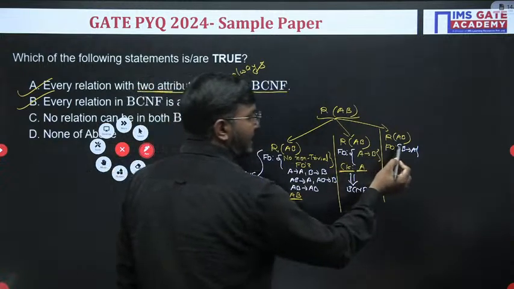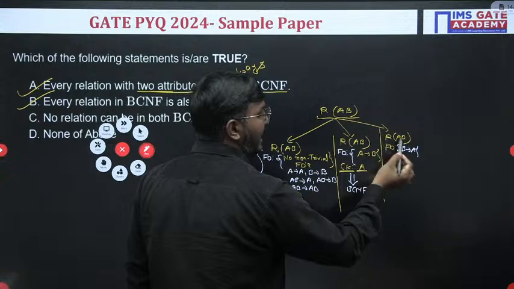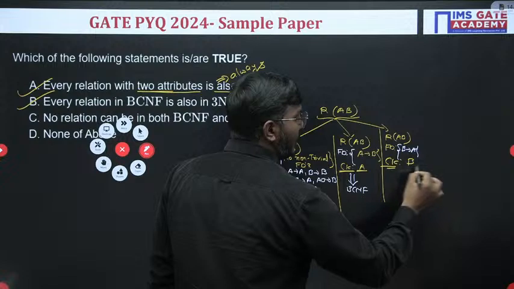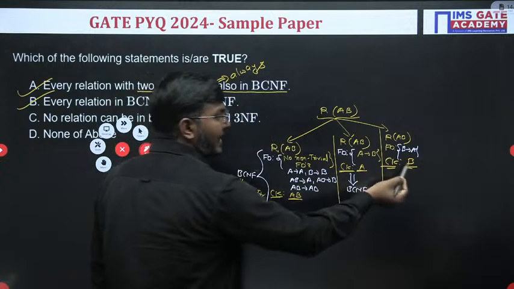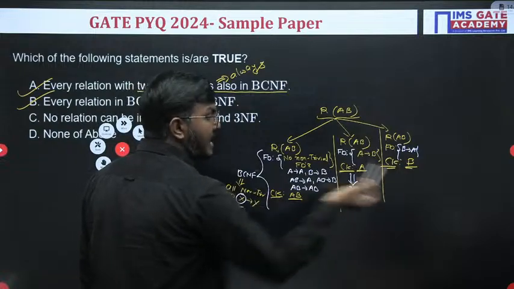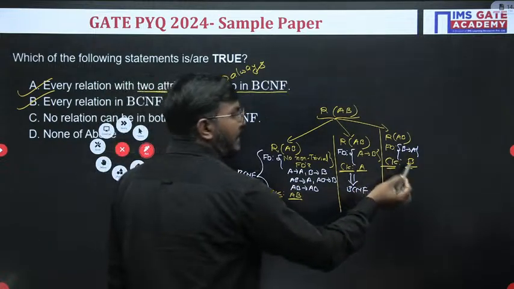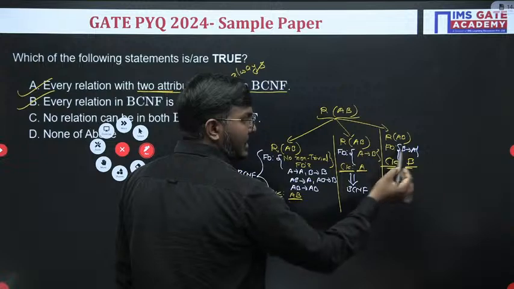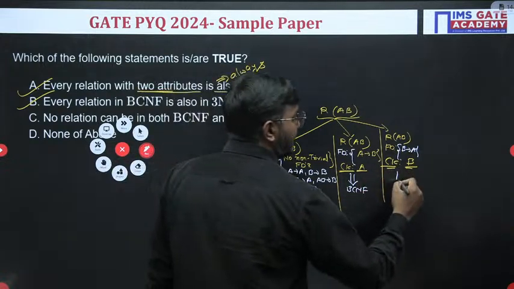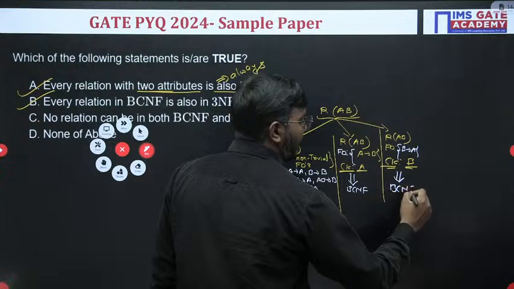If you have a non-trivial FD in a relation with two attributes A and B, the candidate key will be B only. B is the candidate key, because B closure contains all the attributes of the relation. Now, if B is the candidate key, then in that relation there is one non-trivial FD whose LHS is a super key. So this is also in BCNF.